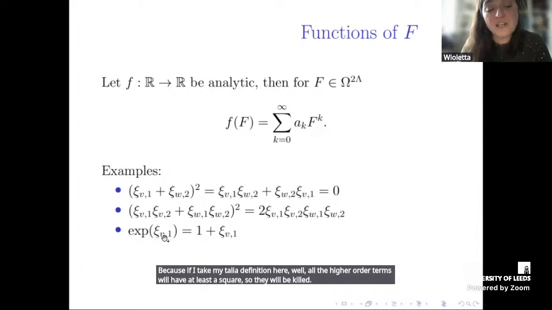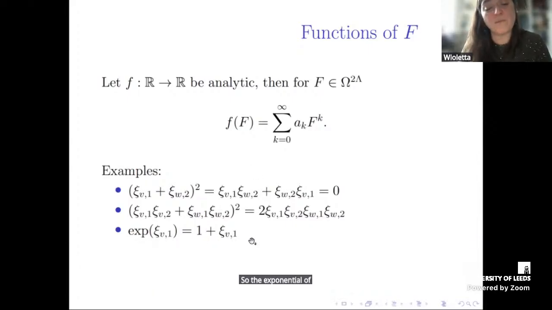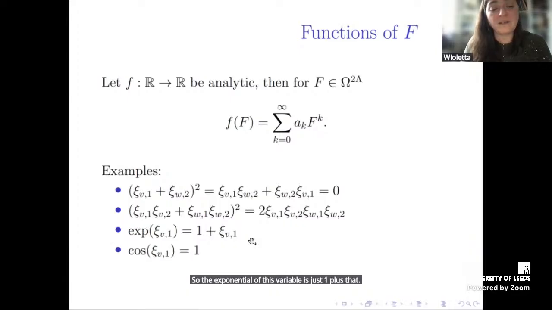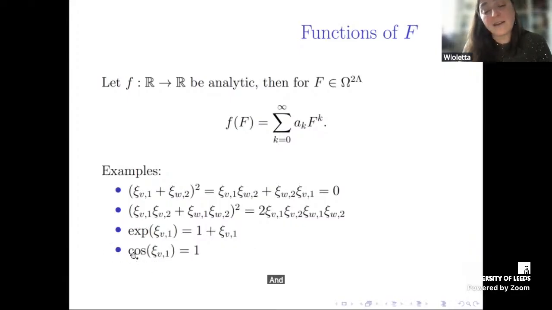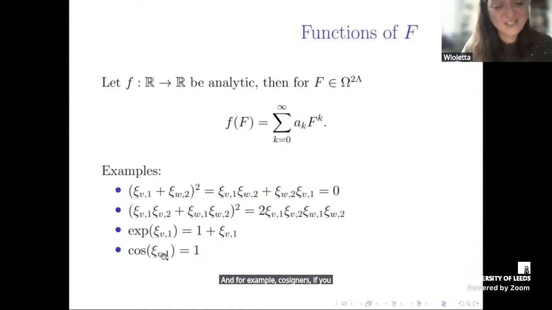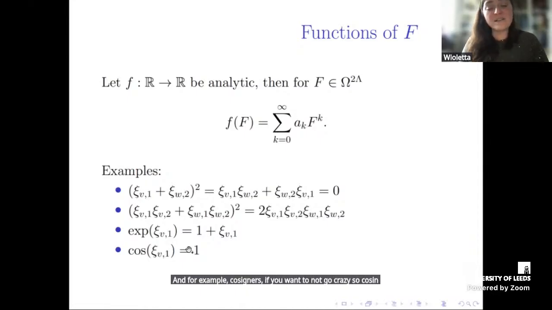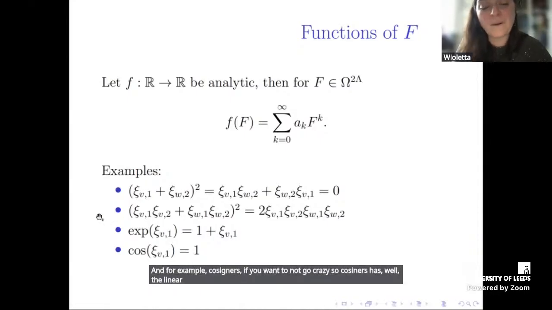So the exponential of this fermion is just 1 plus that. And for example, cosine, if you want to go crazy, has the linear term and then all even powers. So the cosine of a fermion is also just 1, because all the other higher order terms will disappear.